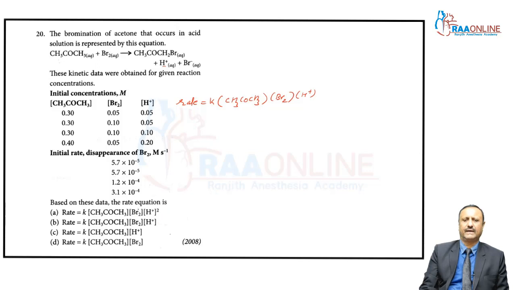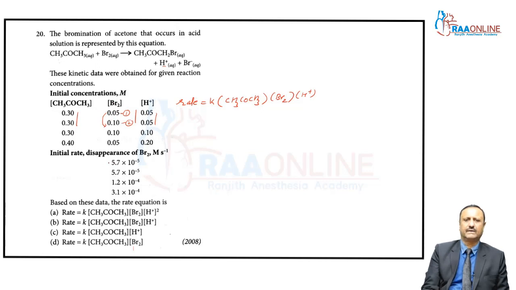Do not waste your time on Br2. If the answer is C, then Br2 is not present in the rate expression. Taking experiments 1 and 2, the concentration of acetone is constant and the concentration of H plus ions is constant, but we double the concentration of Br2.